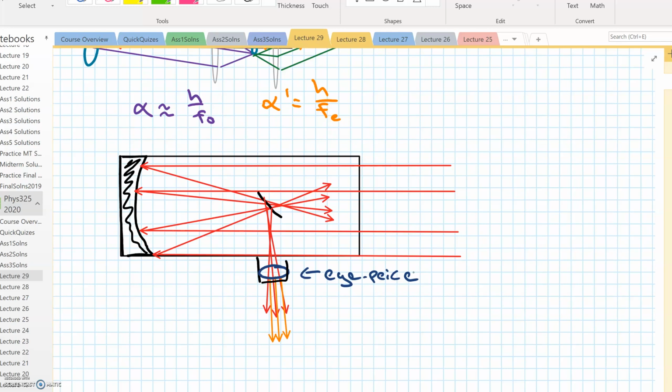Now, I mentioned that the primary mirror should actually be a paraboloid, and it's actually not too bad to make these. The way it's usually done is you make the large reflecting mirror a sphere, and you can do this by hand. In fact, when I was an undergrad, I made a mirror by hand, and I made my own telescope. It's very easy to grind a sphere, it turns out.